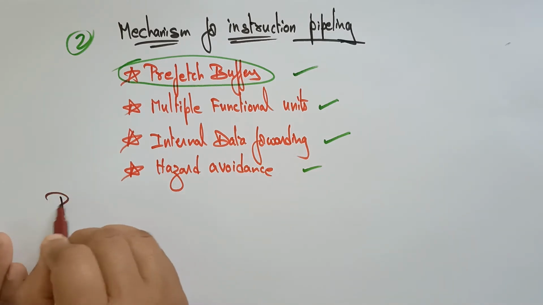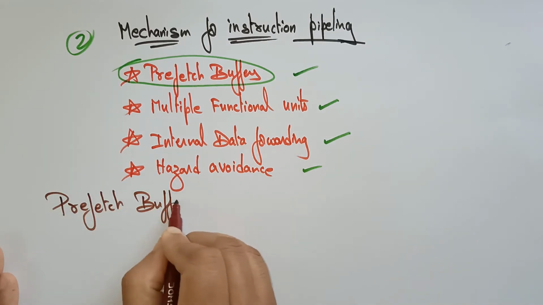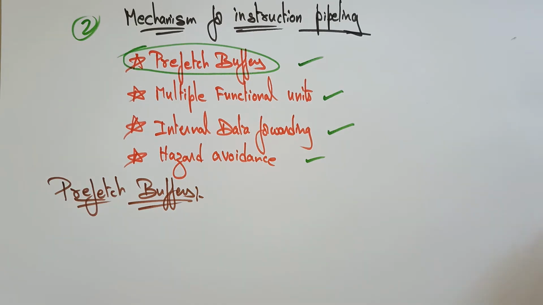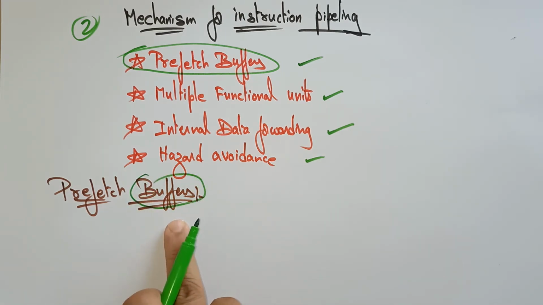When we are talking about the prefetch buffers, first let me explain about the prefetch buffers in detail in this video. Here what we have to think about is what type of buffers. Let me repeat again. What type of buffers are used to match the instruction fetch rate to the pipeline consumption rate?